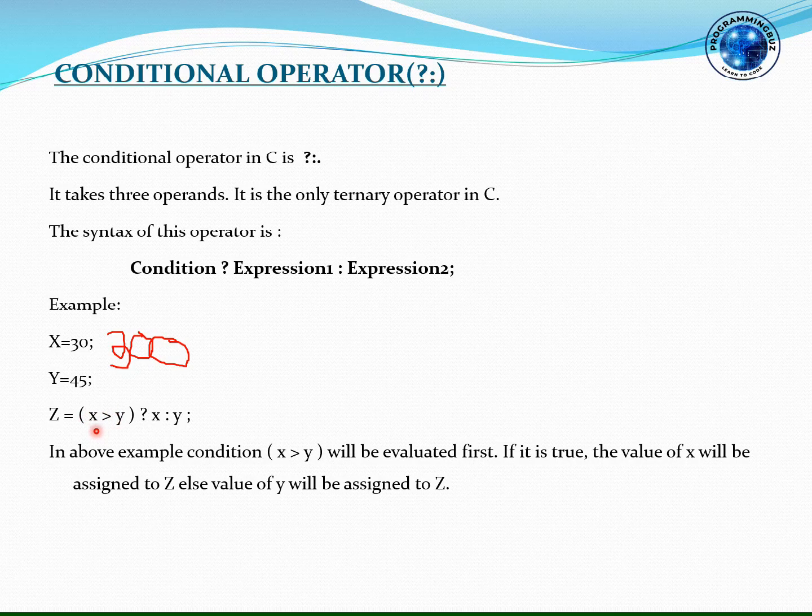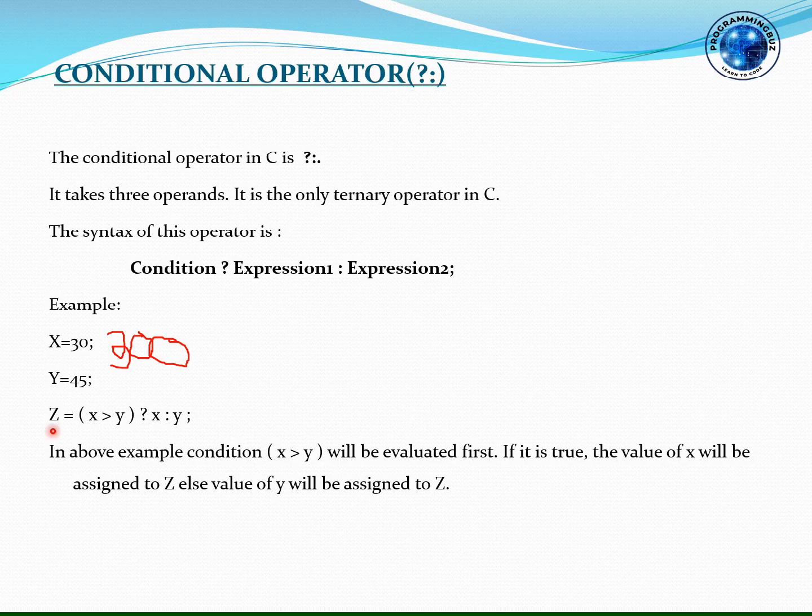So yes, this is true, the condition is true. So the value of x, that is 300, will be stored in variable z. So this is the way the conditional operator actually works.